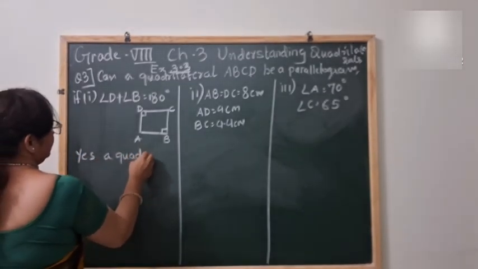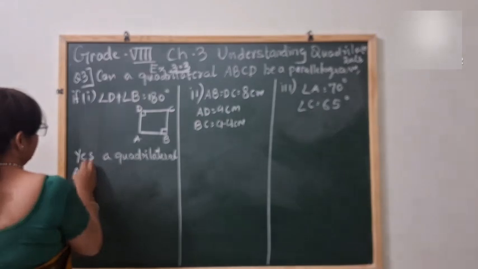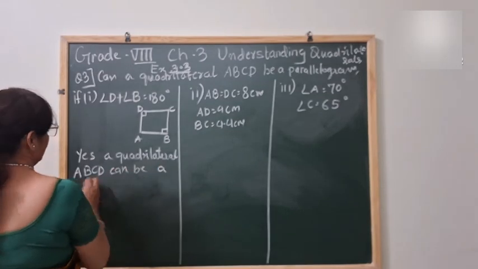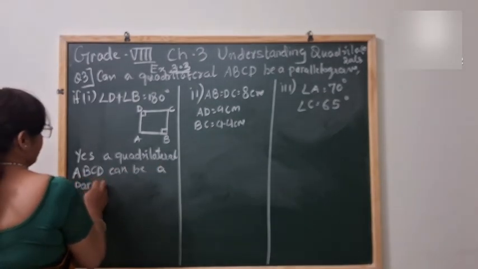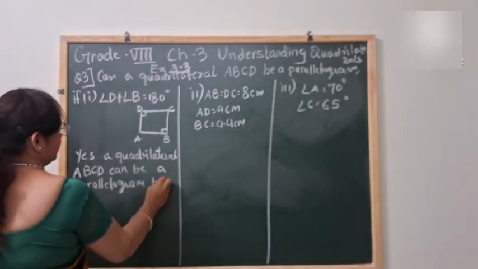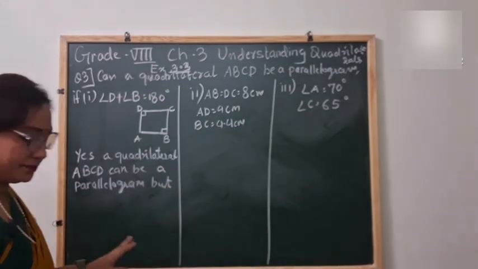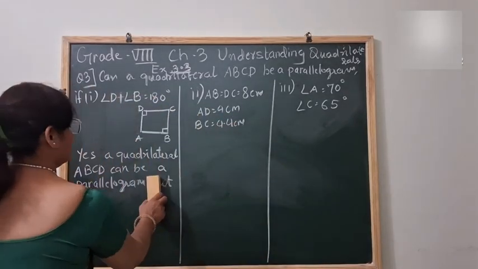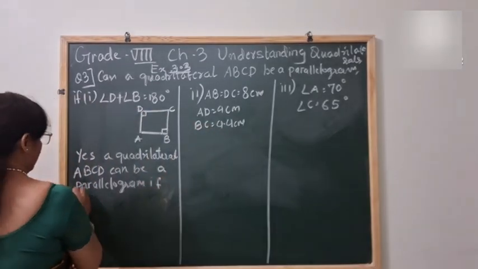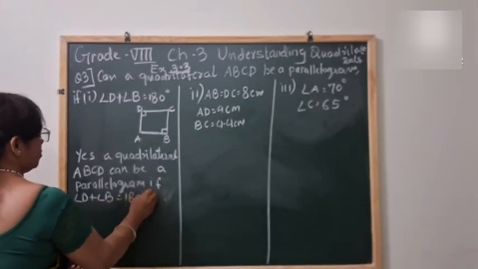A quadrilateral ABCD can be a parallelogram if angle D plus angle B is equal to 180.